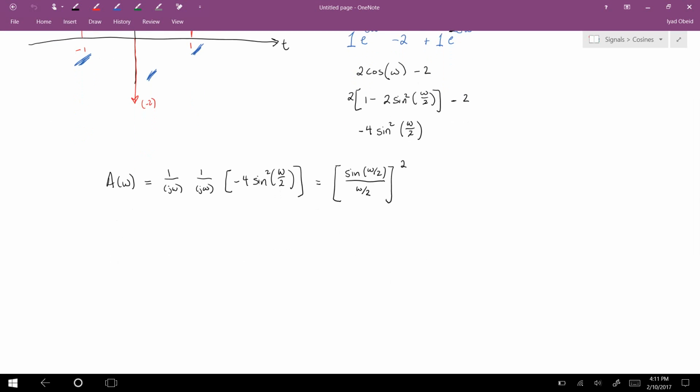So let me give you a parting thought. When you take a derivative, it takes A of omega and converts it into j omega times A of omega. And what that means is that essentially you're emphasizing high frequencies.